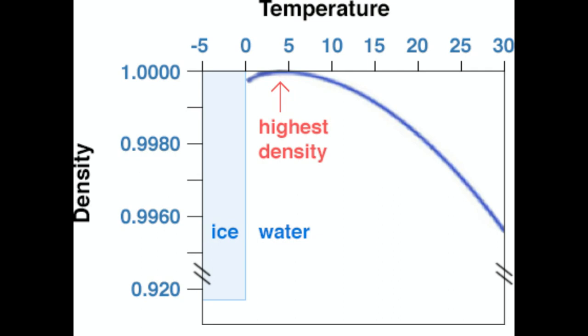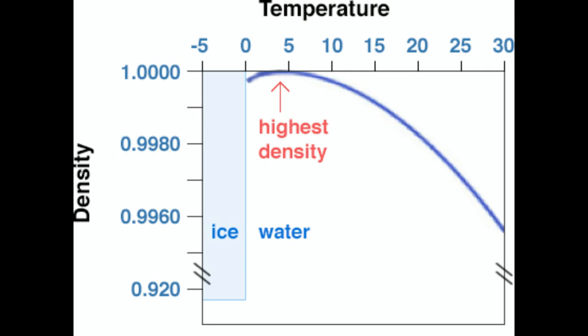So whatever water's density is 1, and that means if you have 5 milliliters of water, you have 5 grams of water. If you have 2,700 milliliters of water, you have 2,700 grams of water.